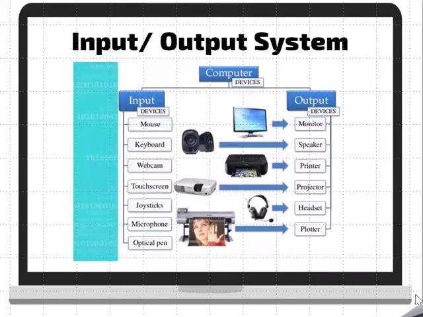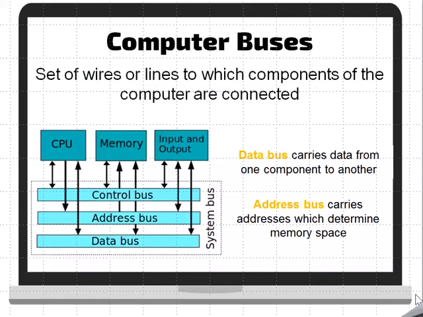So aside from the input and output system, we also have something that are called computer buses, which are a set of wires or lines to which components of the computer are connected. So these have four main types. The first being the data bus, which carries data from one component to the other.